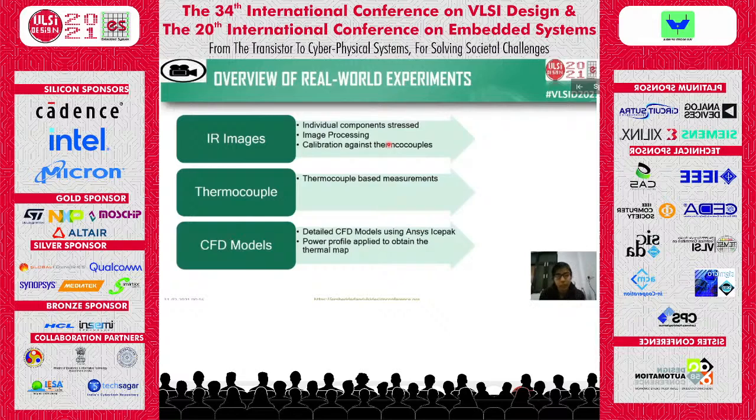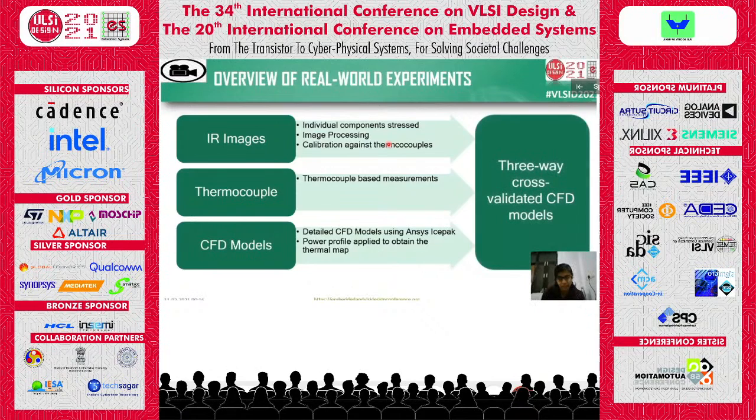Also, to empirically obtain the Green's function of a chip, we need to apply a unit power source at the center of the chip, which might not be practically possible in a running system. Hence, we create a 3D model and then we calibrate it against real world IR camera images and thermocouple based measurements to obtain a three-way cross validated CFD model.